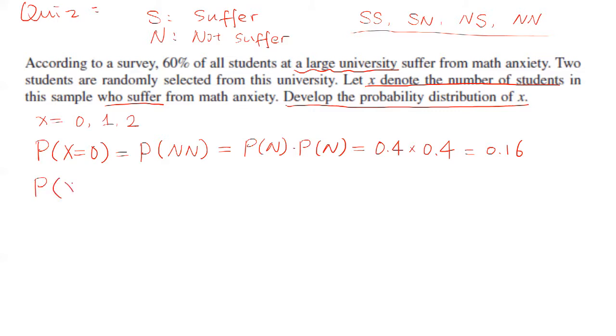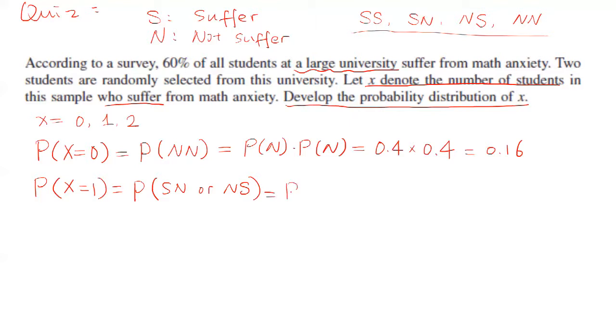So similarly, we can calculate X being 1. This means one of them suffers from math anxiety, right? Could be the first one or could be the second one. So this probability is P(SN or NS), right?